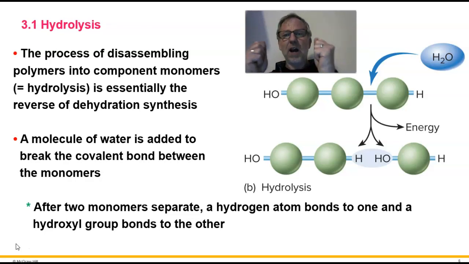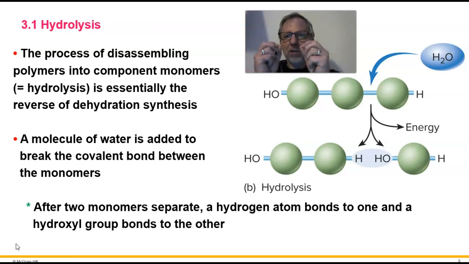This is hydrolysis. Where does this happen? Let me give you a quick example of when or where this is happening. This is how you digest your food. When you eat something, let's say you eat a sandwich, you are eating DNA, big polymers. You are eating proteins, big polymers. You are eating big carbohydrate molecules like starch. So you're eating polymers in your food.